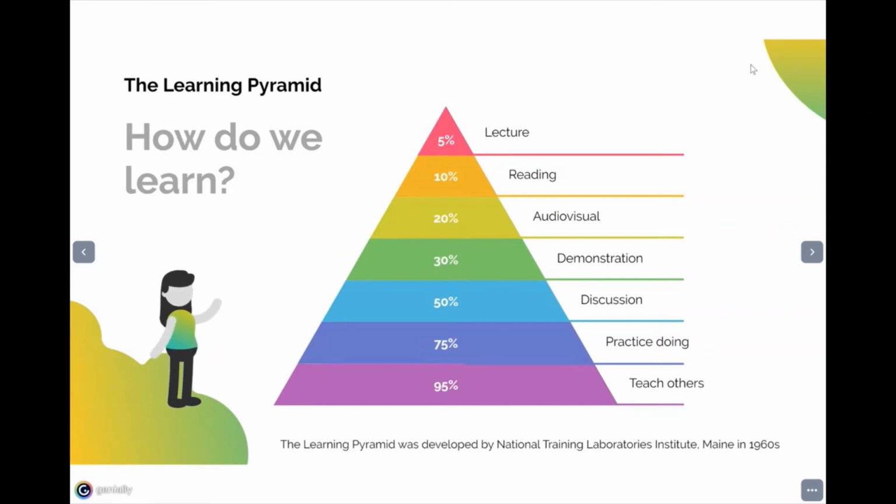So there are opportunities, within face-to-face or online classrooms, to encourage learners to be peer leaders or peer mentors, or they can teach each other. And obviously practice by doing, it's not rocket science, it's nothing new, but it's good to take stock and look at how we actually learn. So that's why I shared that here today.